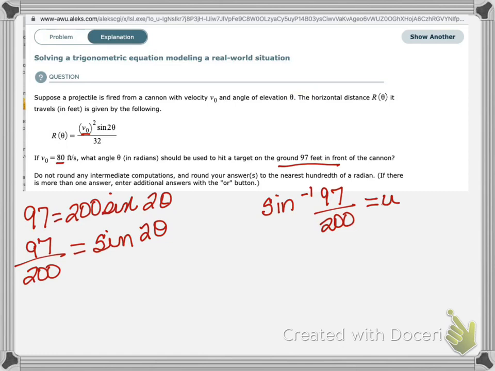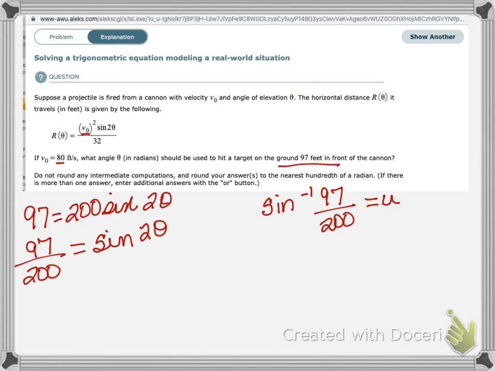We're told that the sine is 97 over 200, but we need to know the u value when the sine is 97 over 200. So on your calculator, you're going to put in 97 over 200, and find the inverse sine of that.